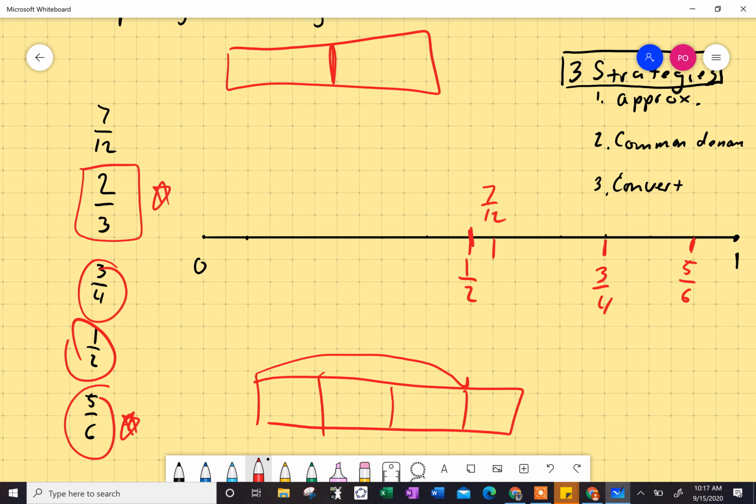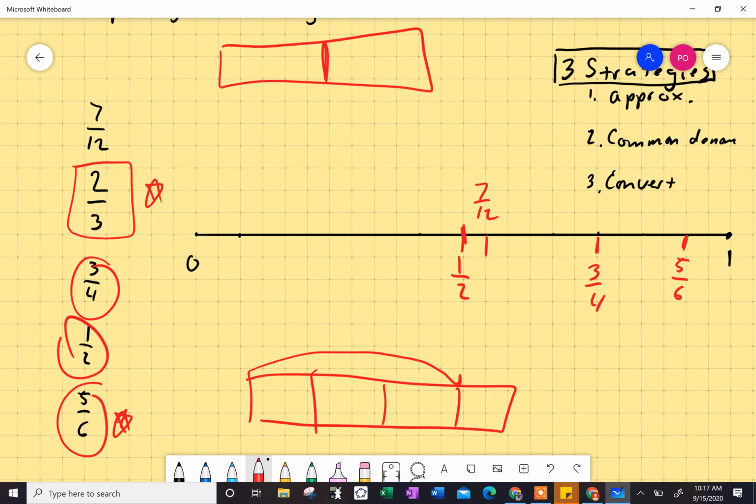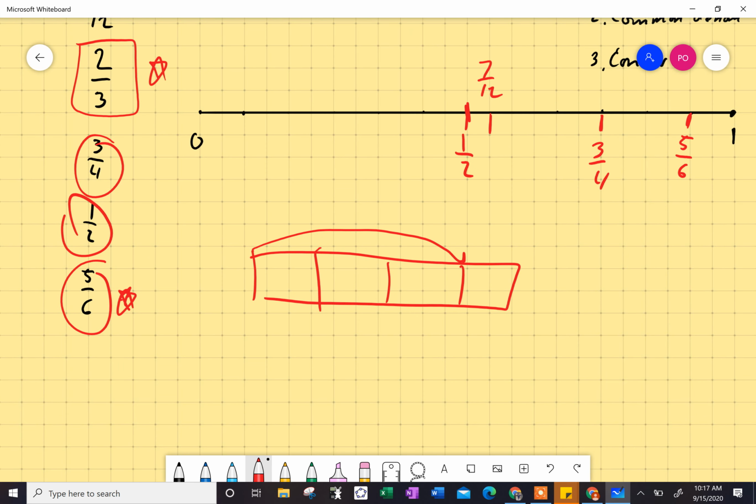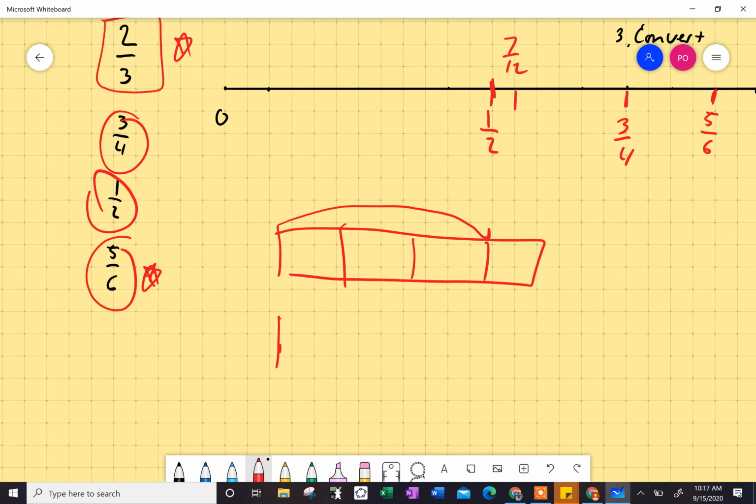So my 2/3, well, let's see. I think it's more than 7/12, but it's probably a little bit less. Let's see, oh, I know what I'll do. I'm going to draw another box, the same size as this one. But instead of breaking that up into 4 parts, I'm going to break it up into 3 parts.